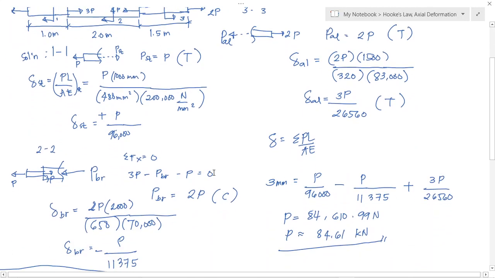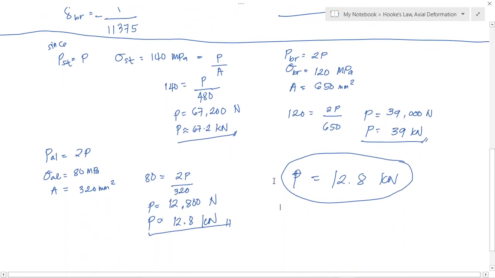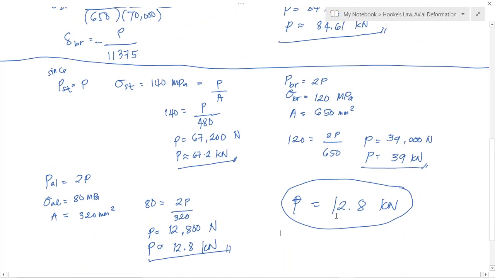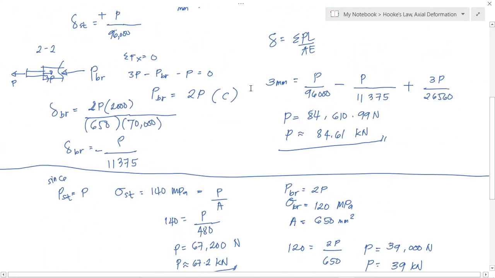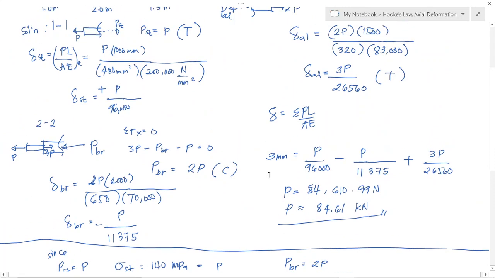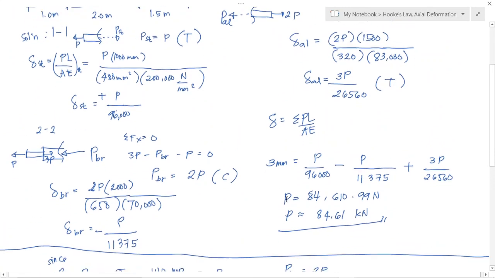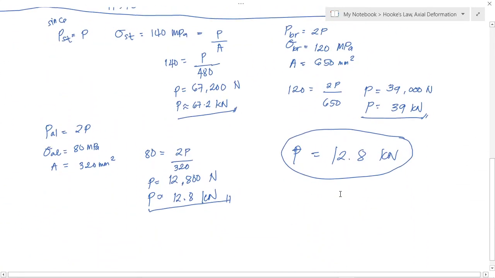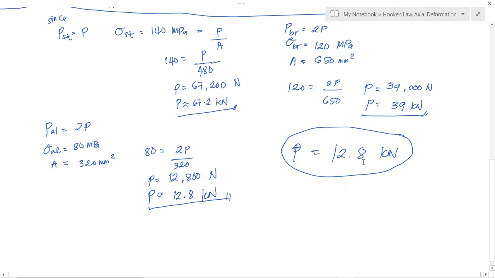Okay. So, kapag ang load mo is 12.8 kilonewton, hindi yan mag-exceed ng 140 kasi nga, ang kaya ng steel is hanggang 67.2 kilonewton, as well as the P bronze, 39, ganun din yung considering the total elongation, ang P mo is 84.61. So, how much more kung 12.8 lang yung P?